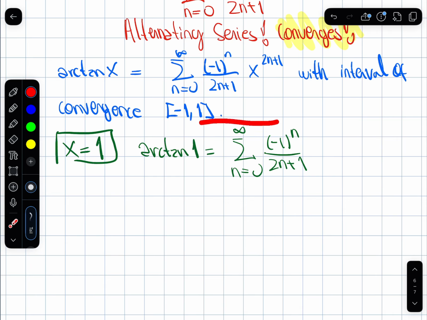It's remaining 1, so you get this. But what's the arctangent of 1? Let's stop for a second and think about it. What's an angle that you know whose tangent equals 1? Yeah, in the range of the arctangent function, right? So if you stop to think about it, this is pi over 4. 45 degrees.